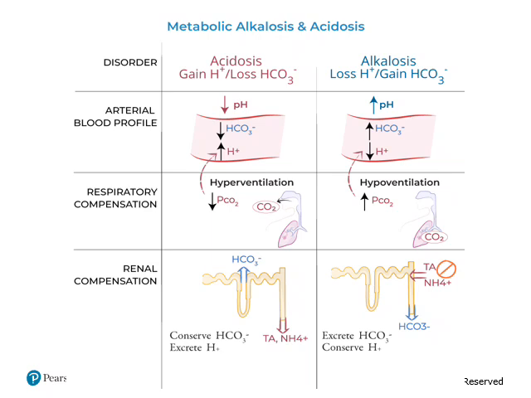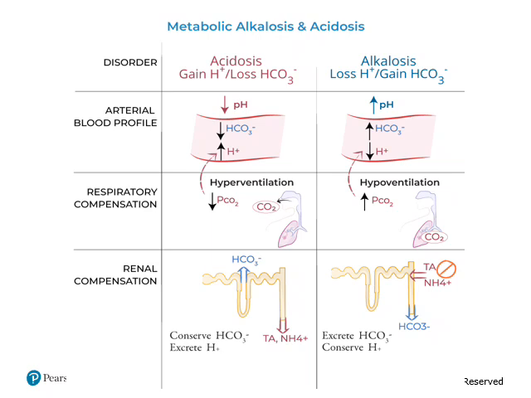The causes of this are ingestion of too much alcohol, which converts to acetic acid, and excessive loss of bicarbonate, for example, if you have persistent diarrhea. Other causes are accumulation of lactic acid due to exercise or shock, ketosis, which is actually a diabetic crisis, starvation, and kidney failure.